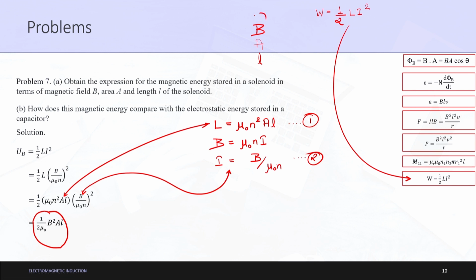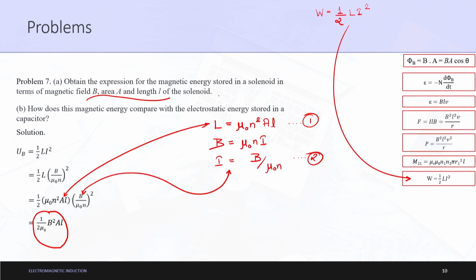Please make sure that the final expression only involved these three terms, that is B, capital A and small l. Just a little teaching method: when you are trying to see the questions in which you have to obtain an expression, and if the terms are written there, then majority of the times only the terms involved will be used.